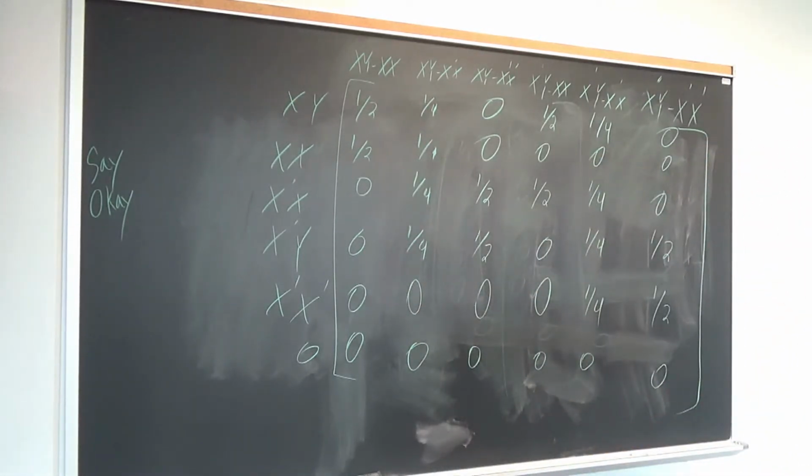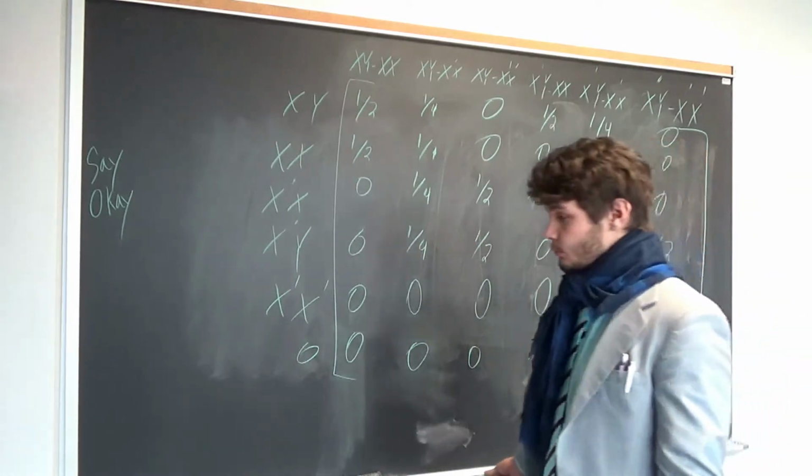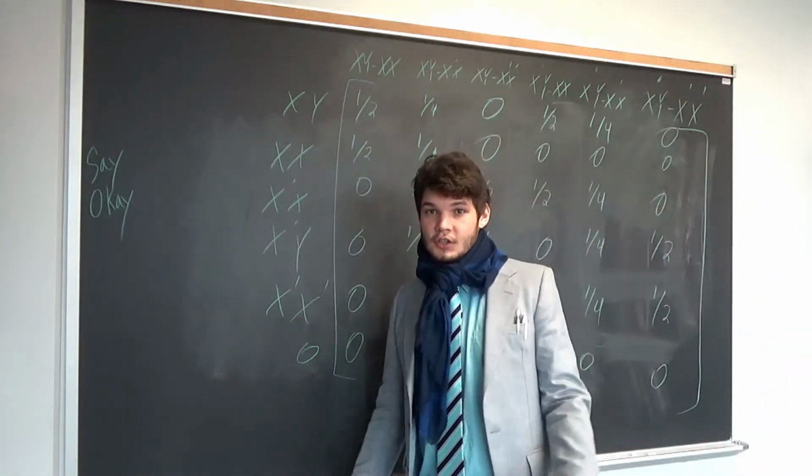Voila. Probability matrix. Alright. Now, here's how we're going to find out what each successive generation is going to look like.